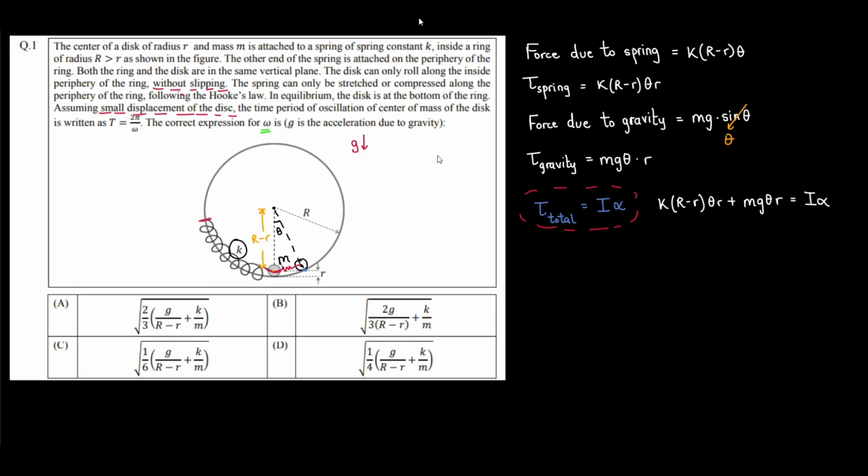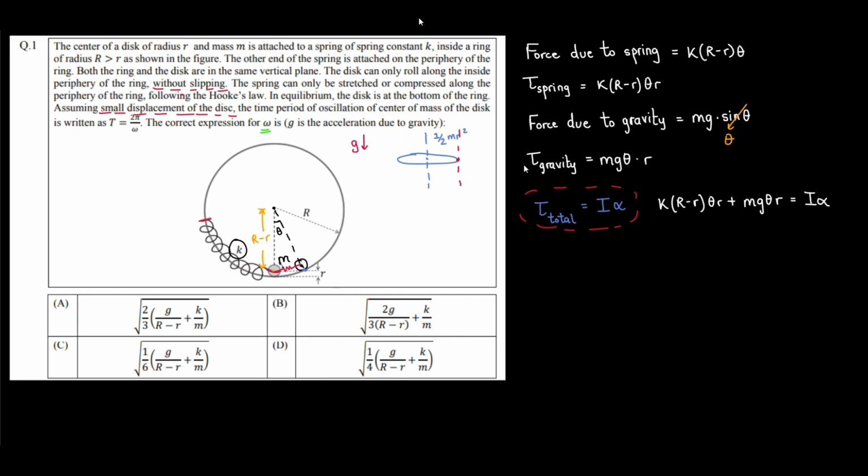So now we can write the moment of inertia I of the disk about its instantaneous point of rotation. Now about its instantaneous point of rotation, the moment of inertia will be not half mr square, but it will be 3 by 2 mr square, since the moment of inertia of a disk about an axis passing through its center is half mr square. But the instantaneous point of rotation is here, and the axis is something like this.